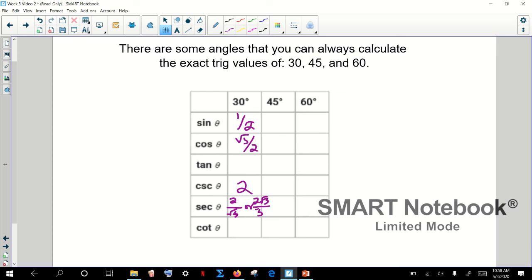You'll see it either way. And then the tangent of 30 degrees is 1 over square root of 3, or you'll see it as square root of 3 over 3. So that means that the cotangent is just square root of 3.